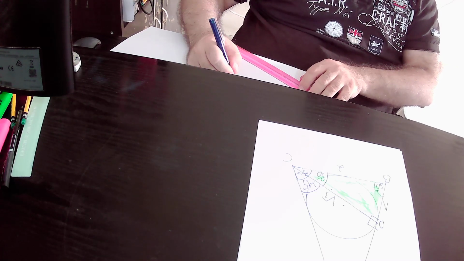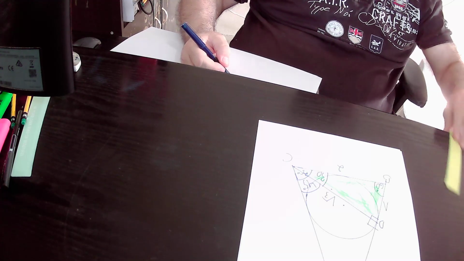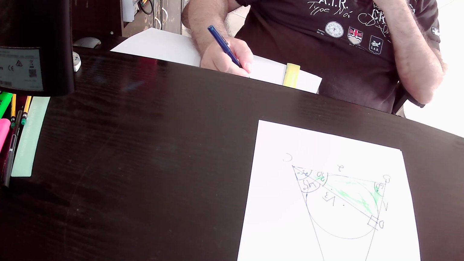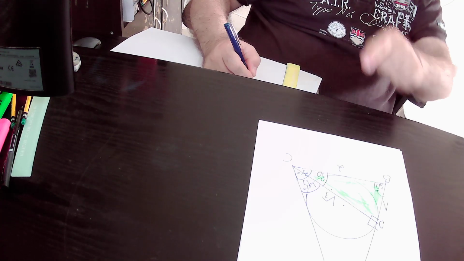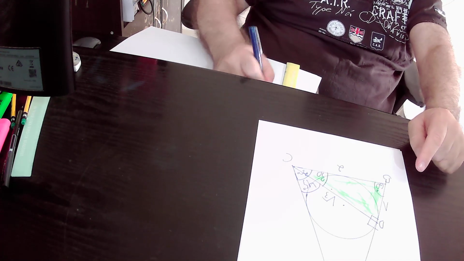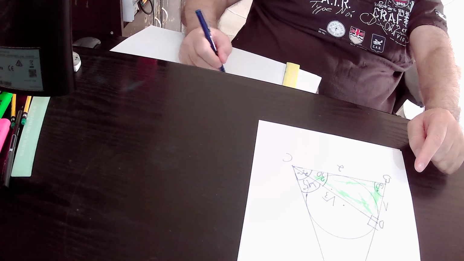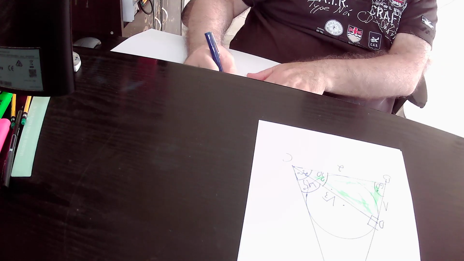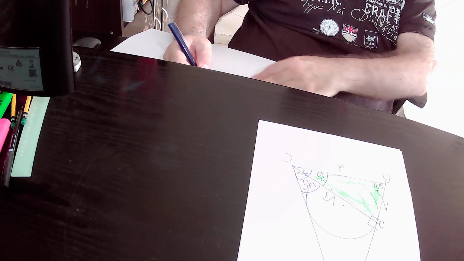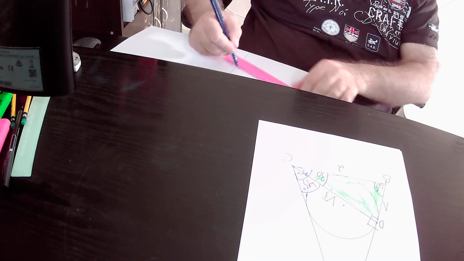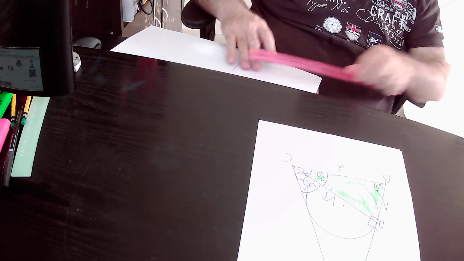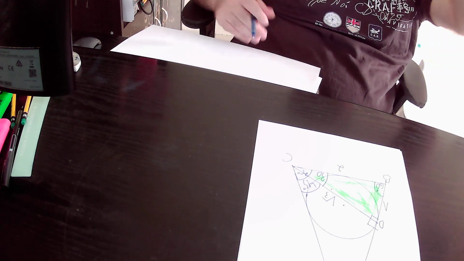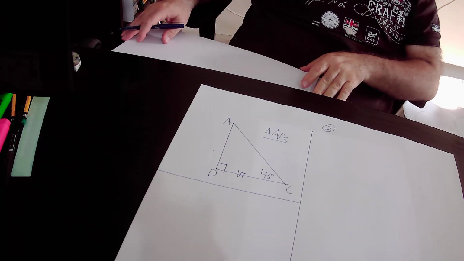DC equals square root of 3 units. So this is the right triangle ADC that I copied from the original drawing.